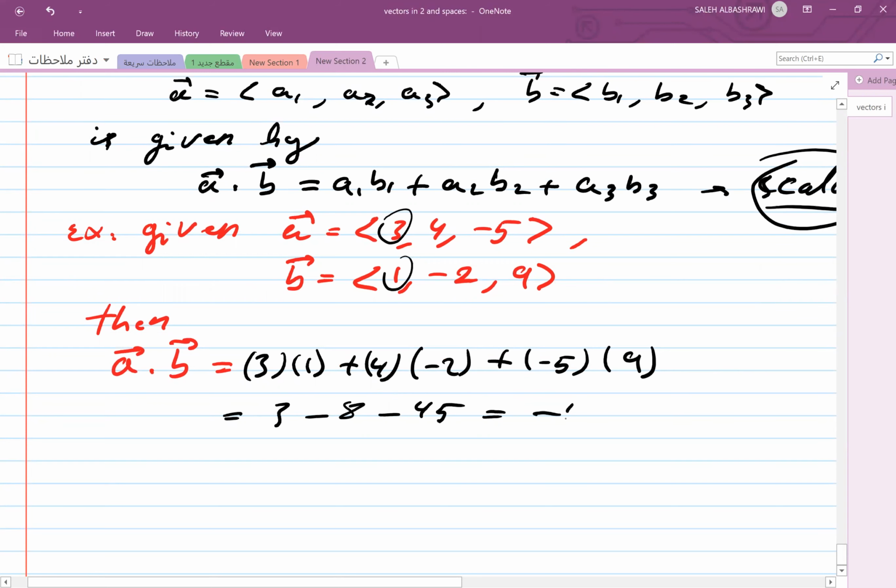That will be minus 50. So the dot product of two vectors is a scalar value. It is not a vector.